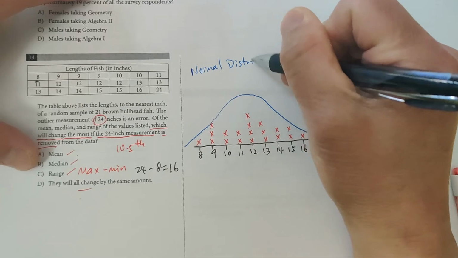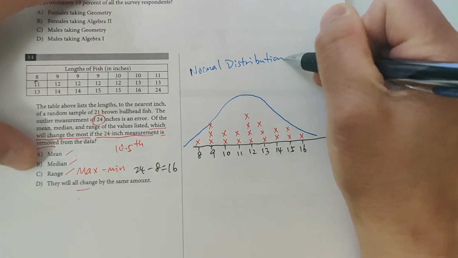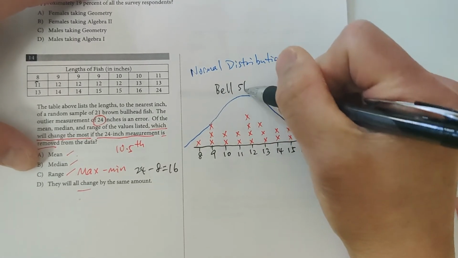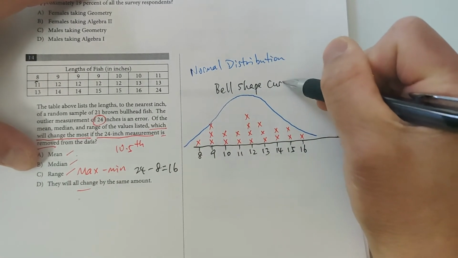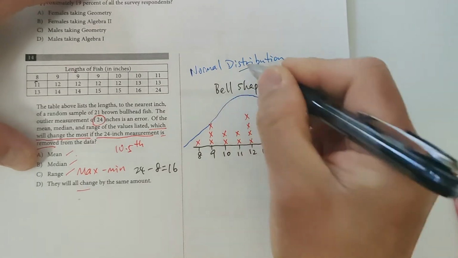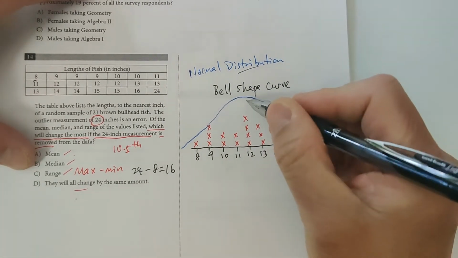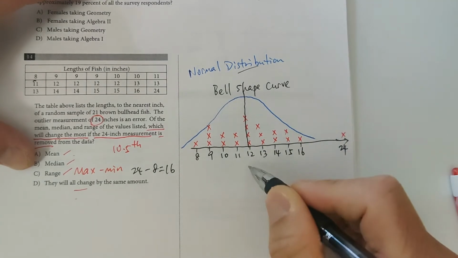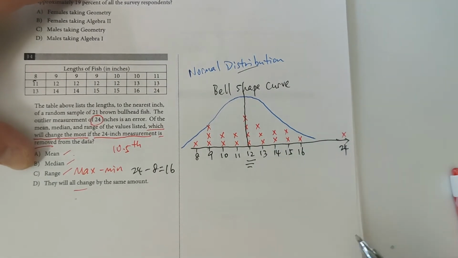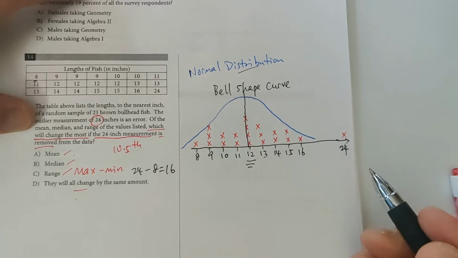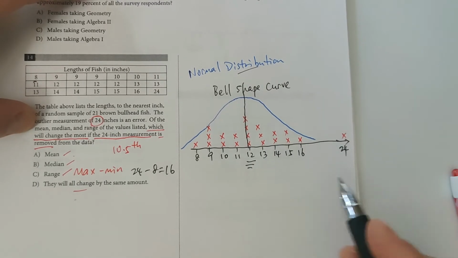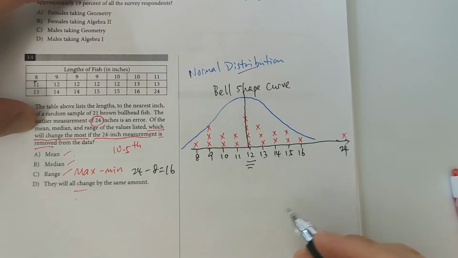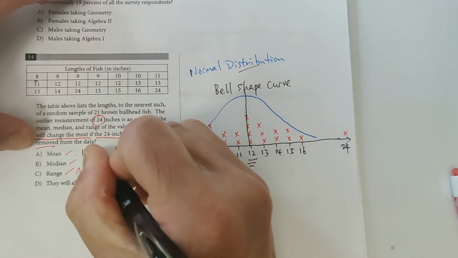For a normal distribution, the mean has to be in the middle of the bell-shaped curve. So basically, that's where the mean is. The mean will be 12, more or less. Of course this is an estimate, but it should be somewhere around there.